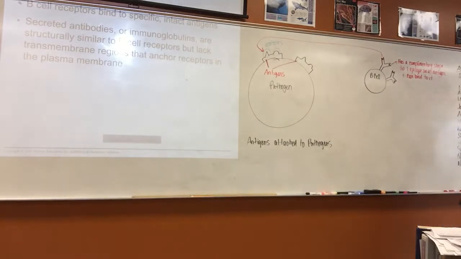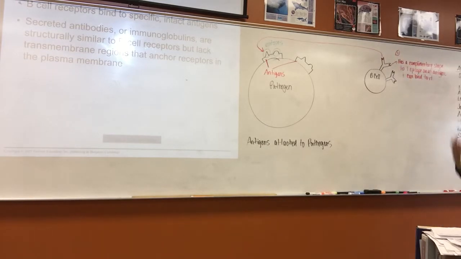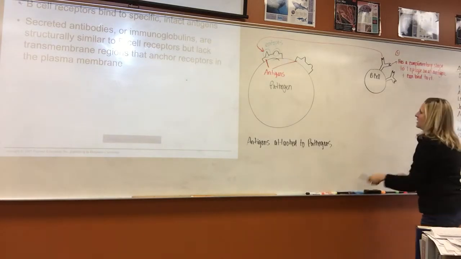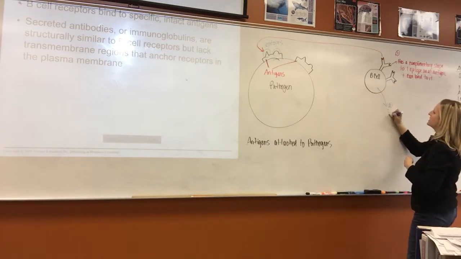Therefore, different types of B cells can bind to that pathogen depending upon how many epitopes you have. That's the first thing B cells do: they bind to the pathogen. We're going to see later that that helps also to get rid of the pathogen. The second thing that B cells do, this is number 2, is they secrete antibodies.